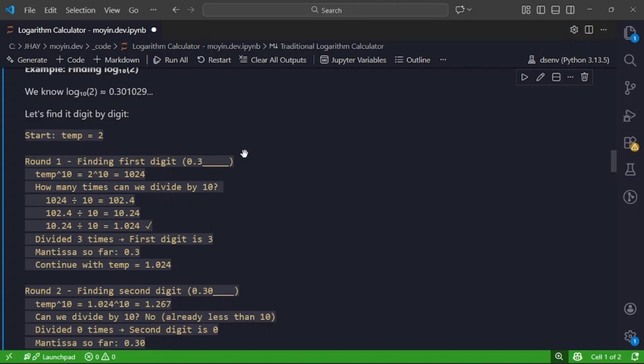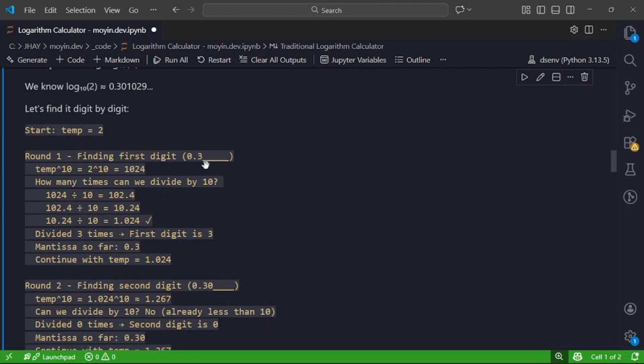When we do the raising to power 10, what we get is 3 becomes a characteristic. That means there was a number that was divided by 10 to give you the amount of times, which is 3. Are we following?